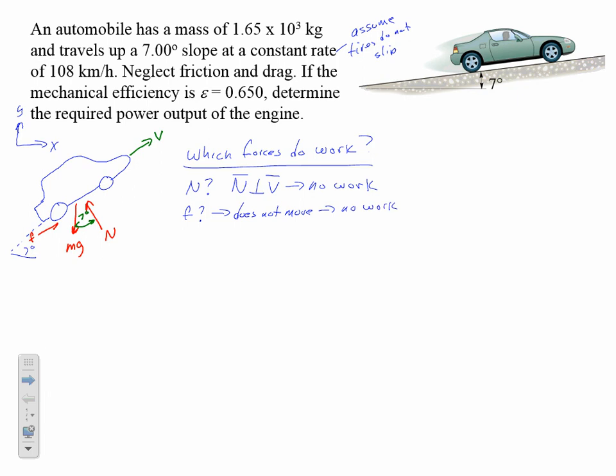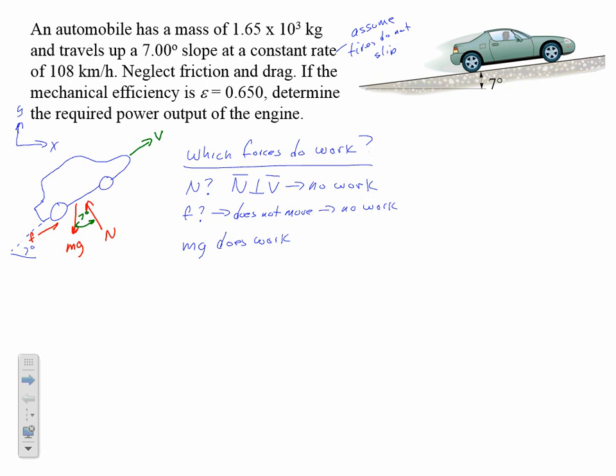The mg does move. It moves up the hill with the car, so mg does work, and that's the only one of these forces that does work. We also know that the car is moving at constant velocity.